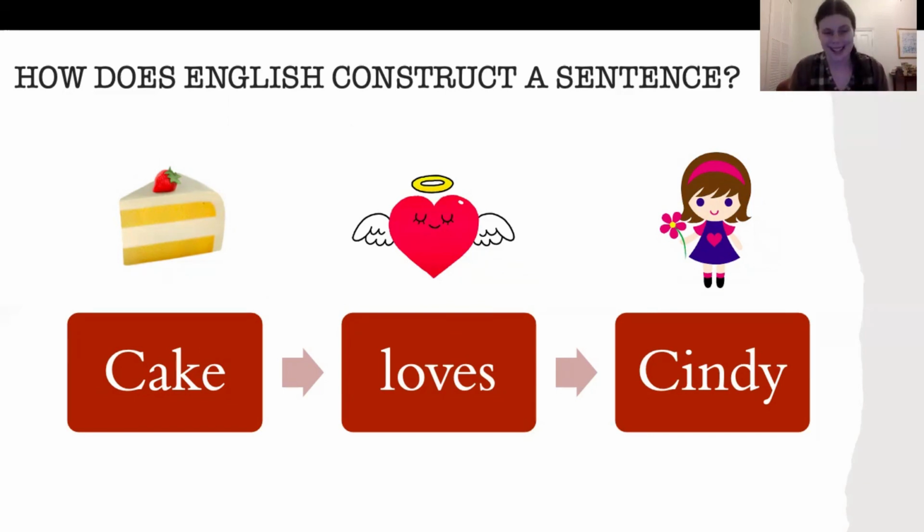So in this sentence, the cake is the one doing the action and Cindy is the one receiving the action. So the cake has been made into the subject of the sentence and Cindy's been made into the object of the sentence just by changing around the word order. So that's how English constructs a sentence. We construct a sentence through word order, the order that the words are placed.